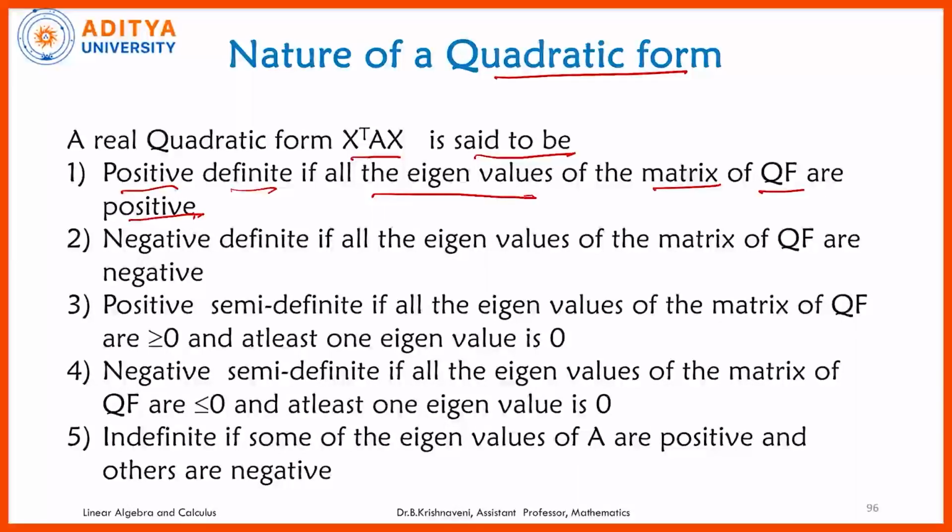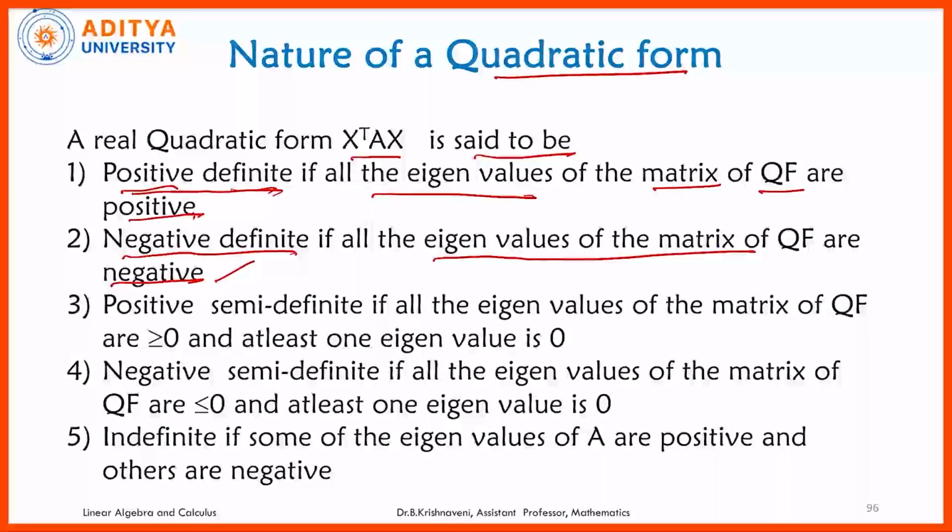And it is called negative definite when all the eigenvalues of the matrix of the quadratic form are negative. So positive definite means all the eigenvalues must be positive.